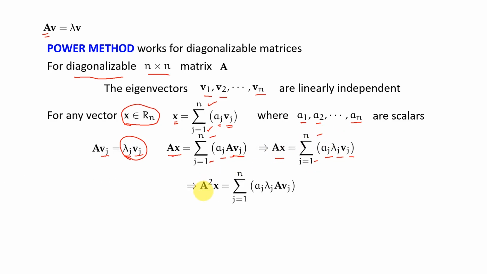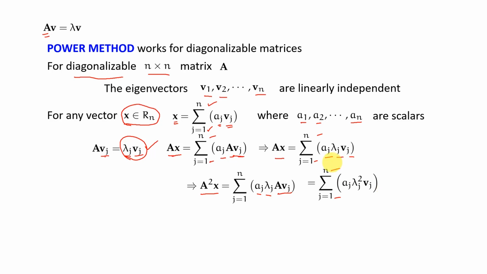Now once again I multiply both sides by A, so I have A square x on left hand side, and on the right side both a and lambda are simply scalar, so I have A vj. Once again we see that A vj is equal to lambda j vj, so this equation comes as sum aj lambda j square vj summed over j equals 1 to n.